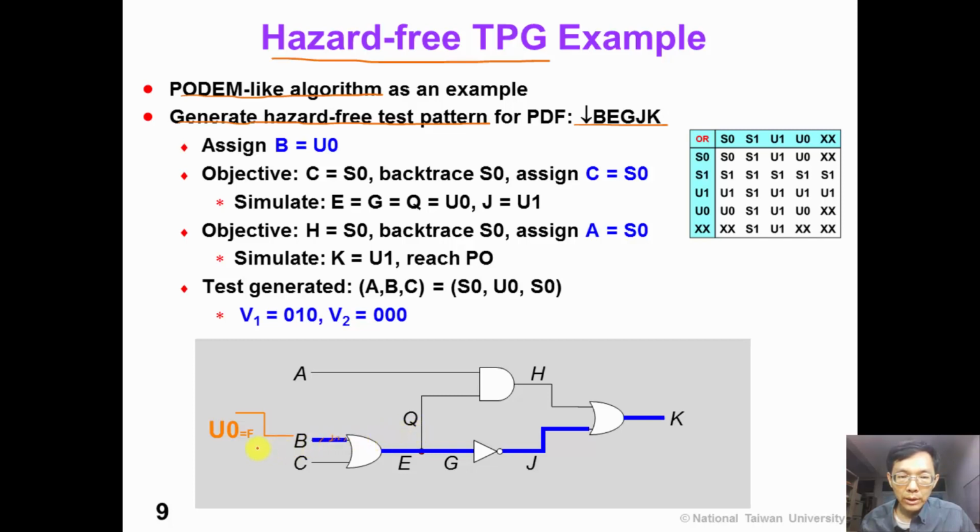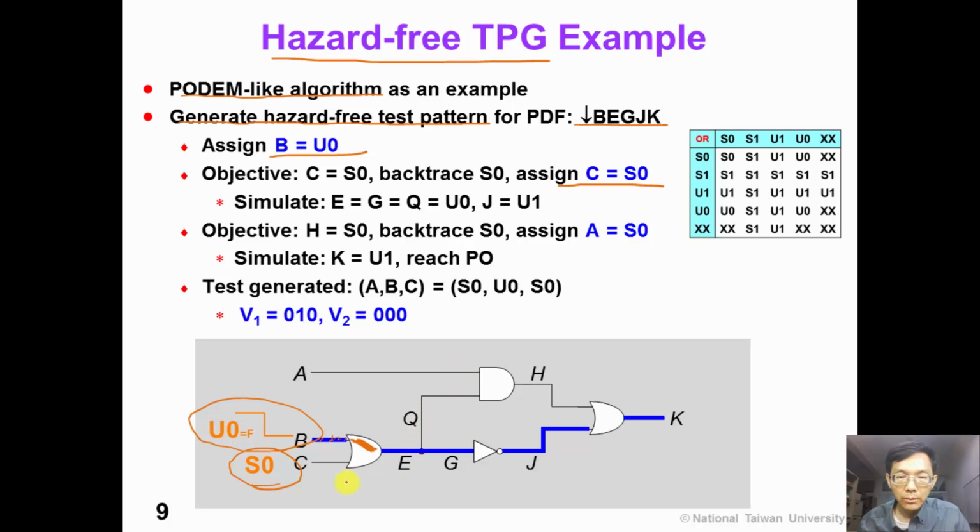At the starting point, we assign primary input B to be U0 in 5-value logic. And then we want a hazard-free sensitization through this OR gate. So we want the side input C to be static 0. So we assign C to be static 0.